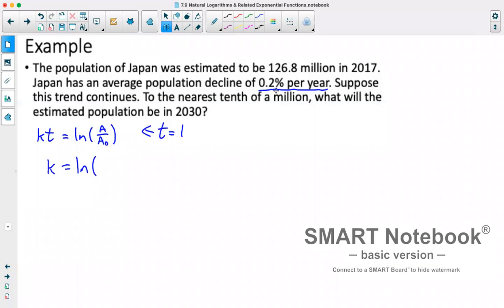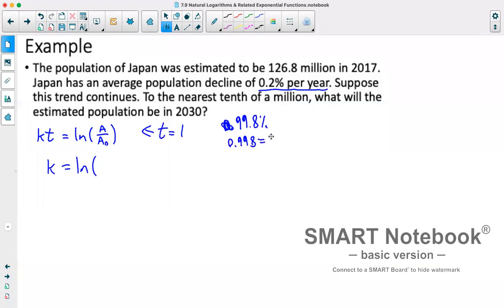So if they've given us information here, we have a 0.2% decline. That means that each year we have 99.8% of the previous year's population, which has a decimal of 0.998.